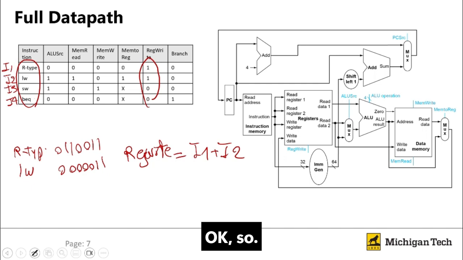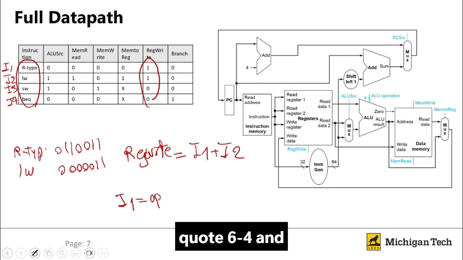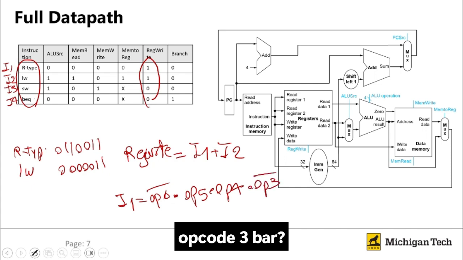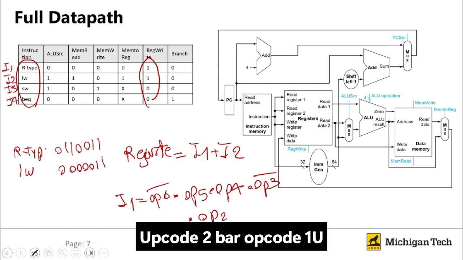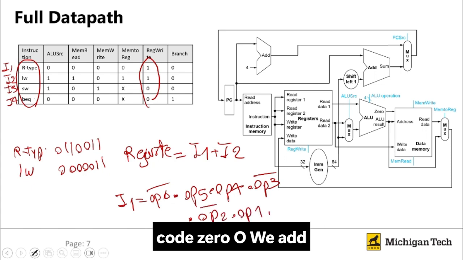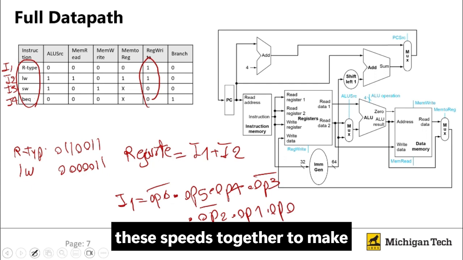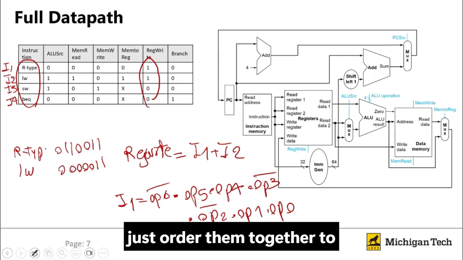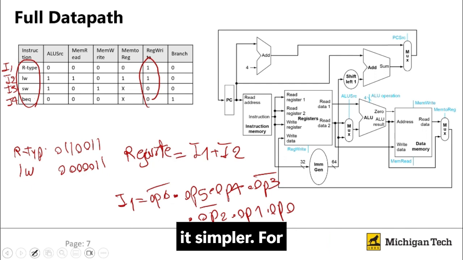Okay, so I1 is what? Opcode 6 bar, opcode 5, opcode 4, opcode 3 bar, opcode 2 bar, opcode 1, opcode 0. So we add these bits together to make I1 to I4. We just order them together to make it simpler.